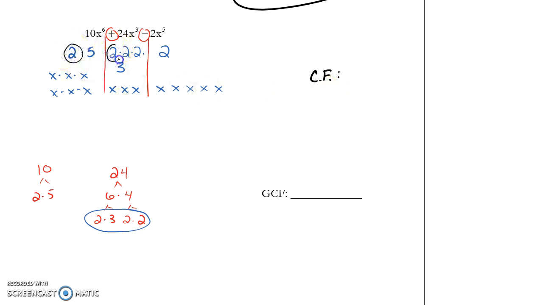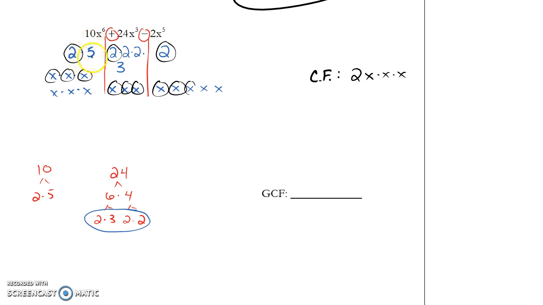They each, all three, have to have it in common. All three sections here have a 2. That's a common factor. All three sections have that x, common factor. All three sections have a second x, common factor. All three sections have a third x, common factor. But that's it.